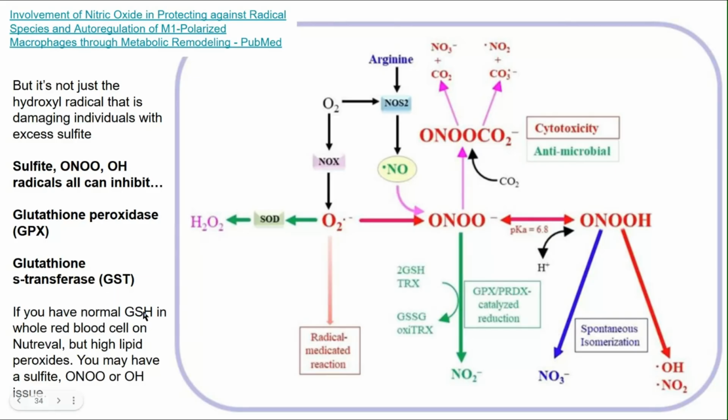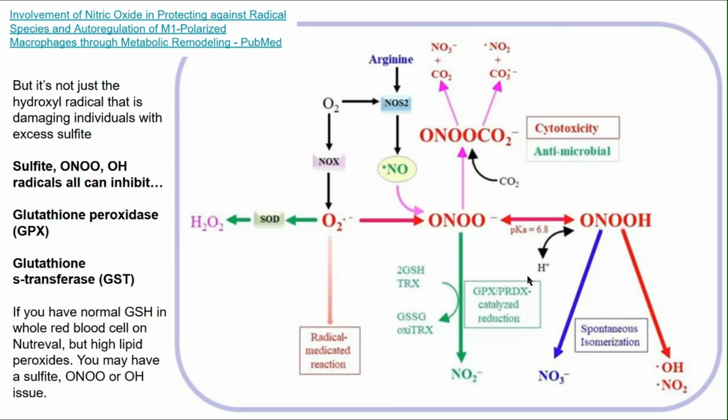That doesn't make sense. Why would you have high lipid peroxides, which here's the peroxide right here, if you have normal glutathione? You should be dealing with that peroxynitrate, right? You should not be going towards hydroxyl radicals. And that's concerning to me. We should be able to deal with that, like where the hydroxyl radicals are coming from.